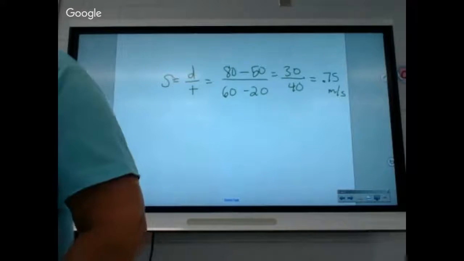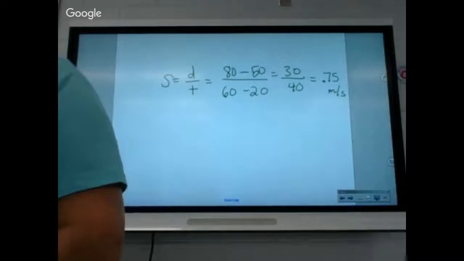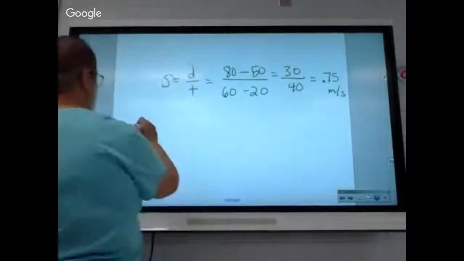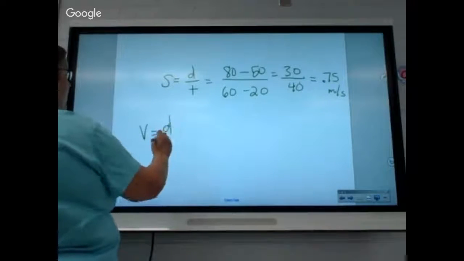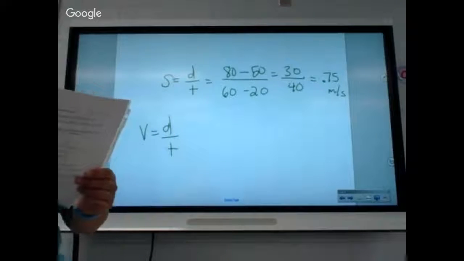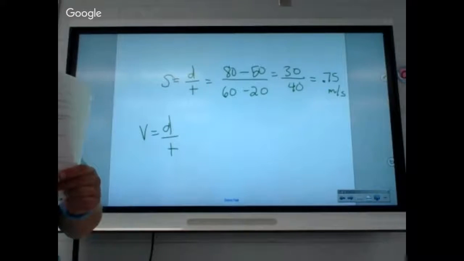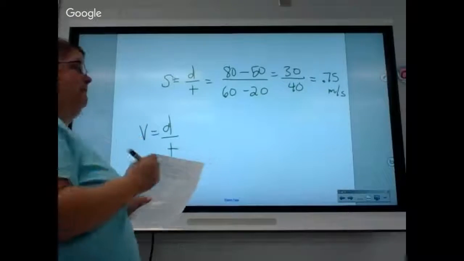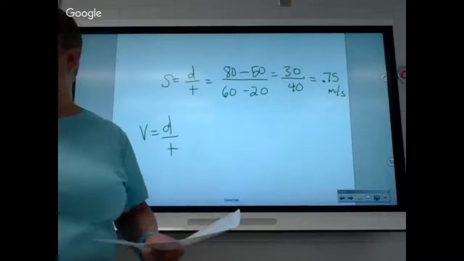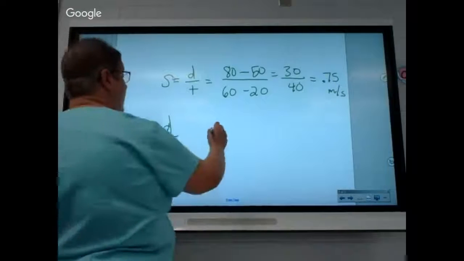All right, number 7. How do you find time? What do you have to do here? Velocity equals distance over time. What's the velocity in number 7? Can anybody tell me the velocity of number 7? 265.